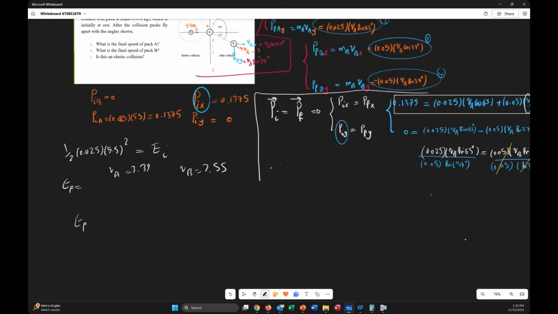E final is going to be 1/2 times 0.025 times 3.39 squared plus the energy of the second one, which is 1/2 times 0.05 times 2.55 squared, yes? So calculate this value. It's going to be almost the same, because in an elastic collision the energy should be conserved. Calculate the EI first and then EF. See how much.